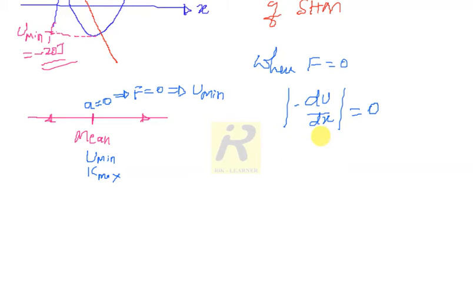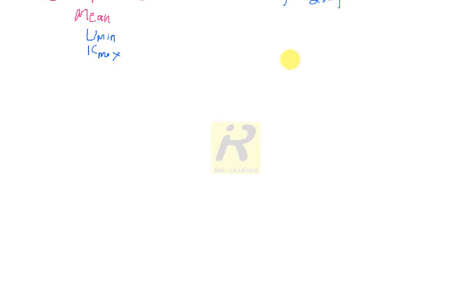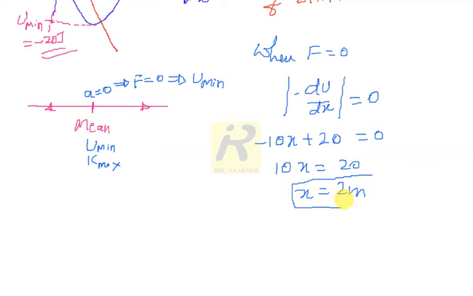That means the magnitude of du by dx, which is minus 10x plus 20, should be 0. So I can write minus 10x plus 20 equals 0, or 10x is equal to 20, or x is equal to 2 meters. This is the value of x corresponding to F equals 0 at the mean position, right?